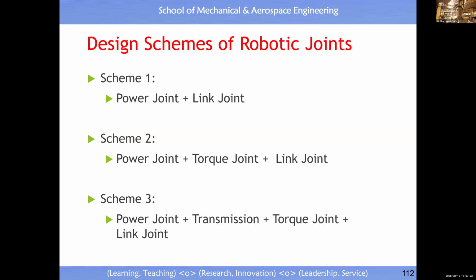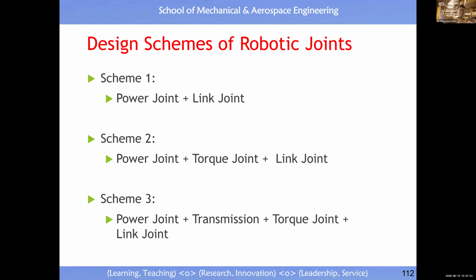Design scheme number two means what? Power joint, torque joint, link joint. Okay, so this will give you a very, very compact design solution. And in case you have more space for your robot body, normally people will follow design scheme 3, because design option 3 gives you the advantage of relocating the power joint towards the base link.